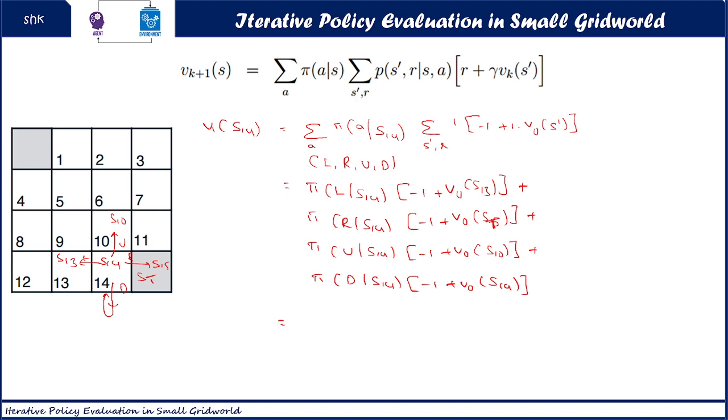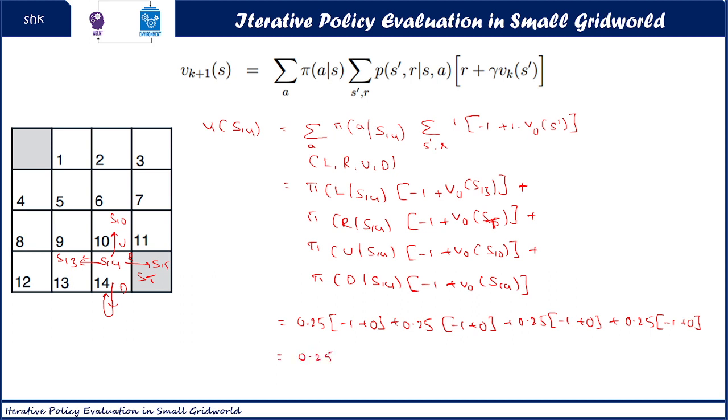Again, the probability of all actions from any state is 0.25, and V naught of any state is equivalent to 0. By substituting those values, we can rewrite the function as 0.25 into -1 plus 0, plus 0.25 into -1 plus 0, plus 0.25 into -1 plus 0, plus 0.25 into -1 plus 0.